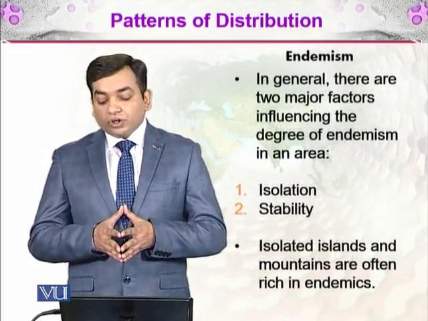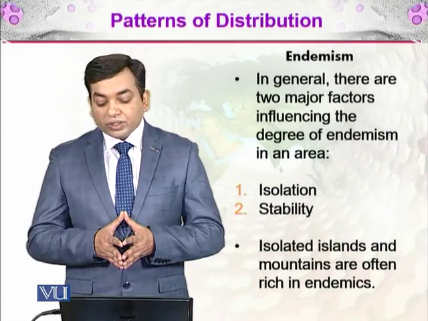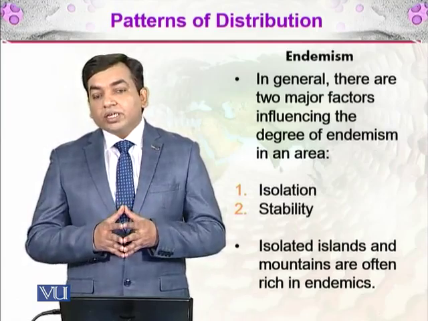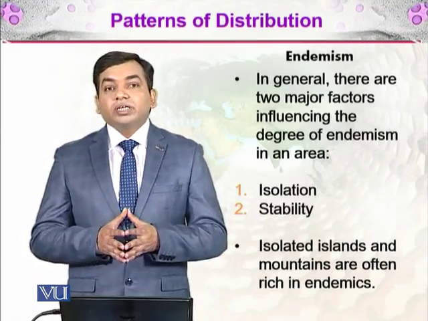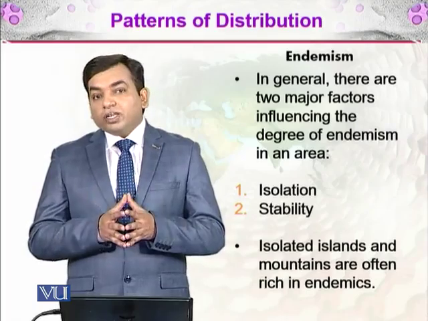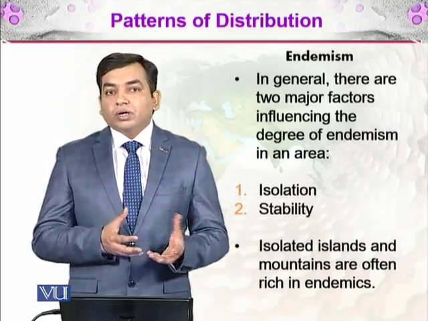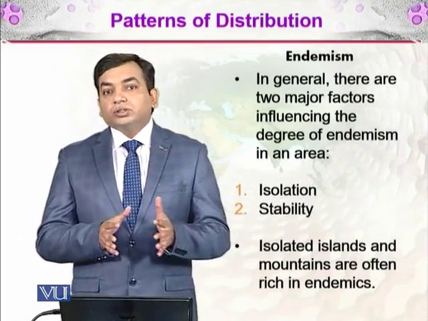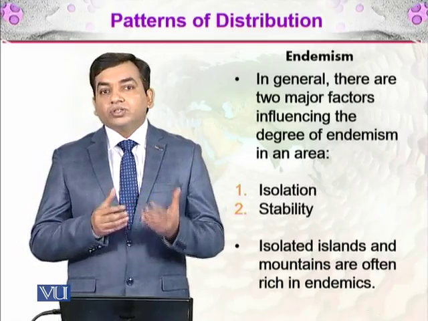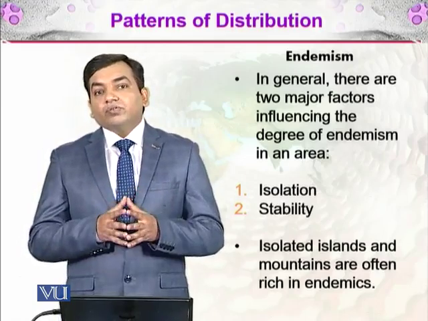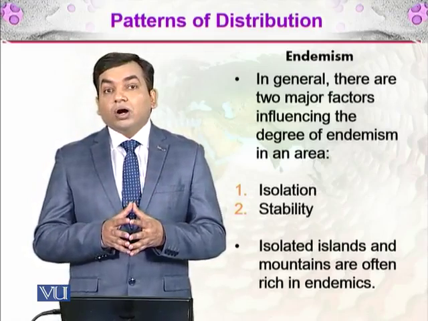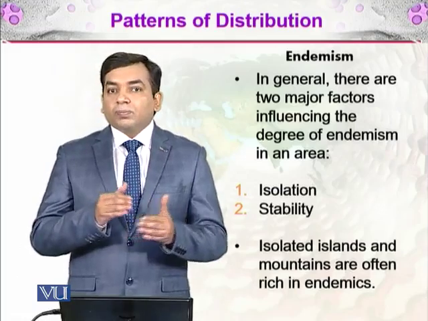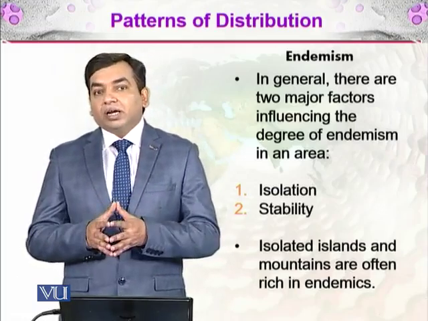In general, there are two major factors which influence the degree of endemism in an area. The first one is isolation and the second one is stability. Isolation: if there is an island or some geographical area which is very much isolated from the rest of the continents, then there will be species evolving on their own, and they are not related to any of the mainland species.